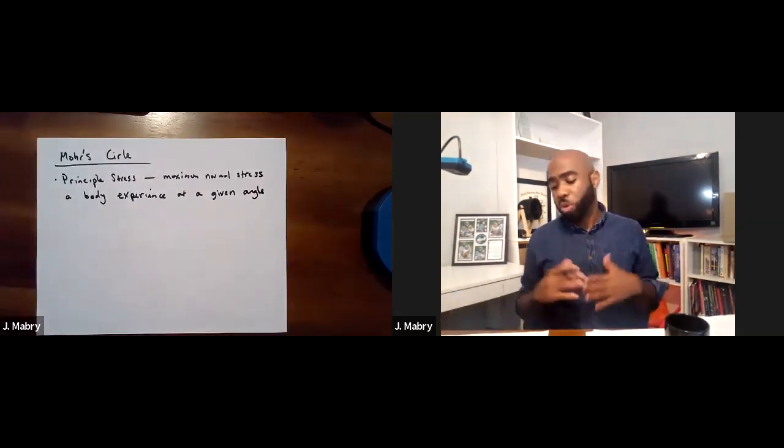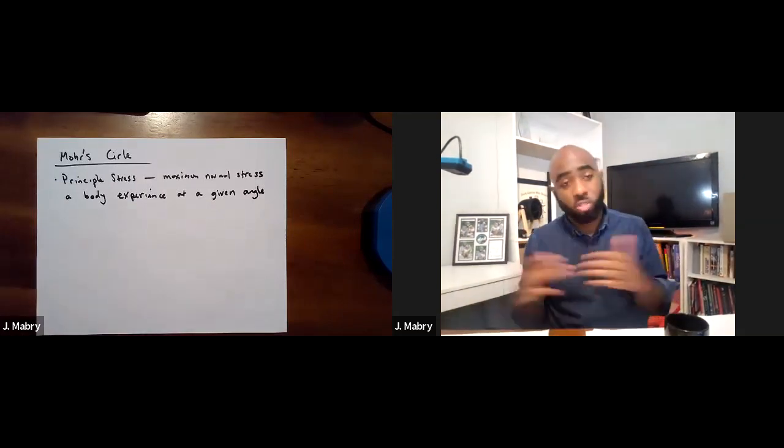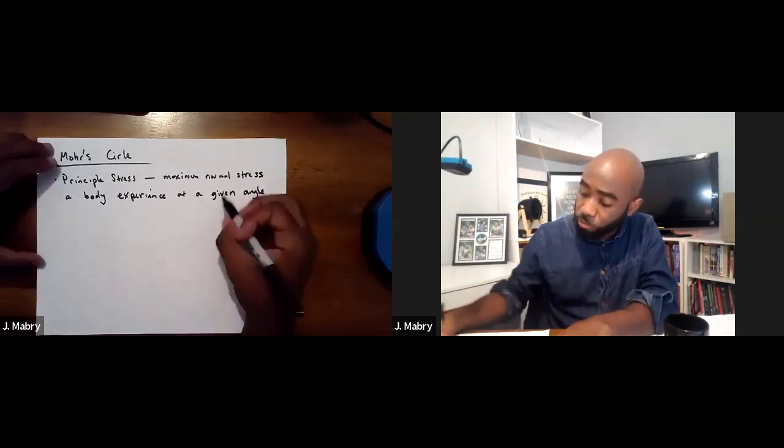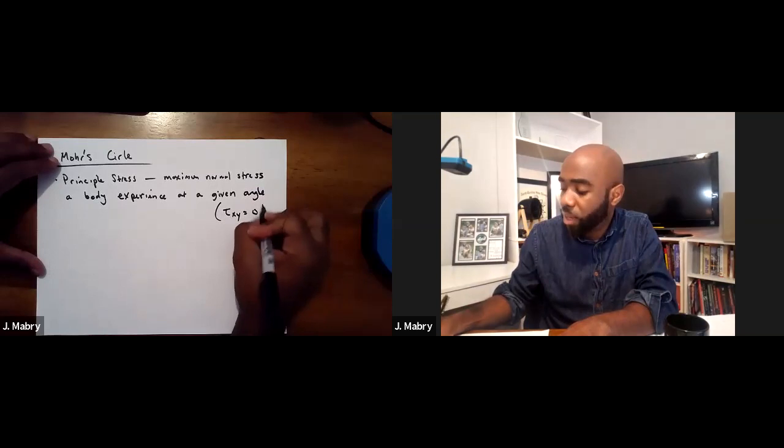And also for them to be maximum normal stresses, this means that the shear stress at this particular angle is equal to 0. So tau xy is equal to 0.